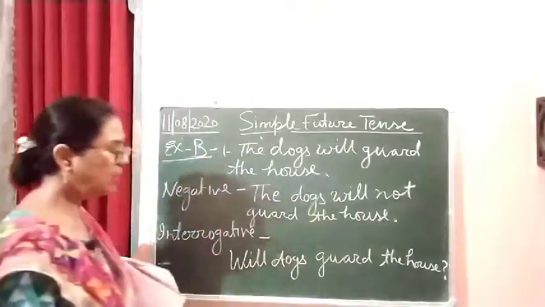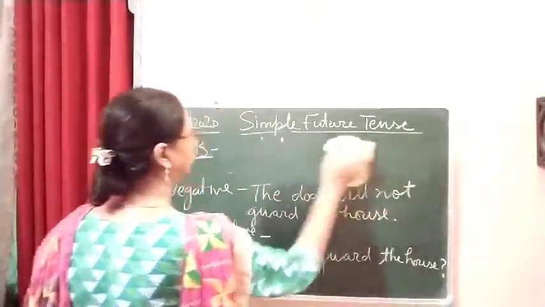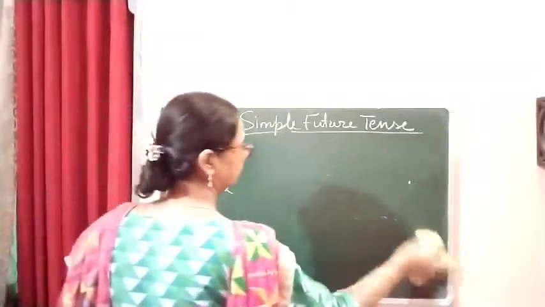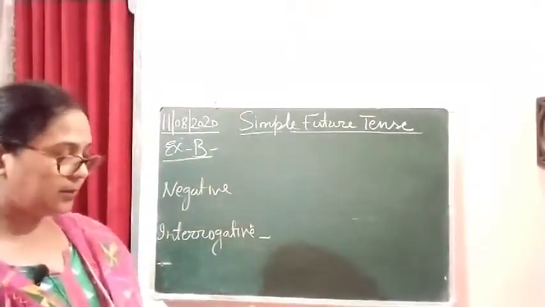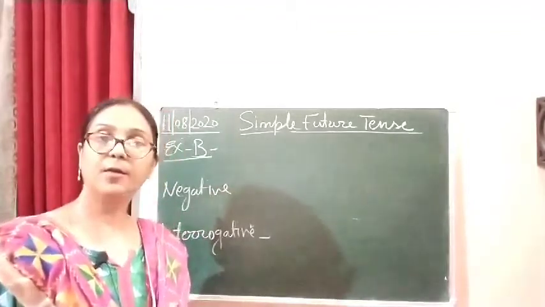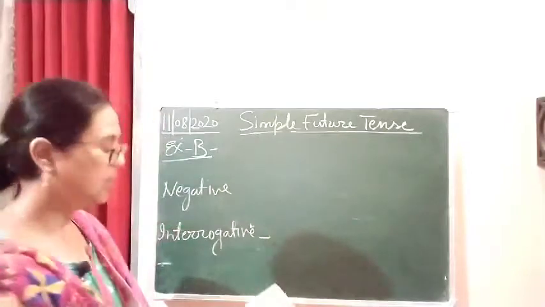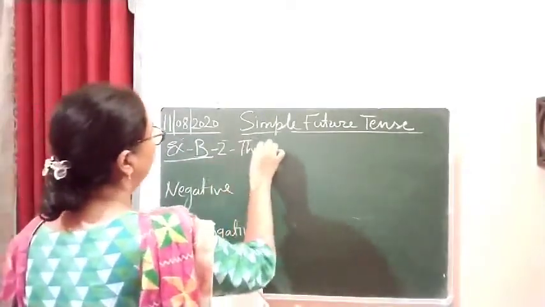Now we are moving to the second number. The second number is the policeman will arrest the criminals.